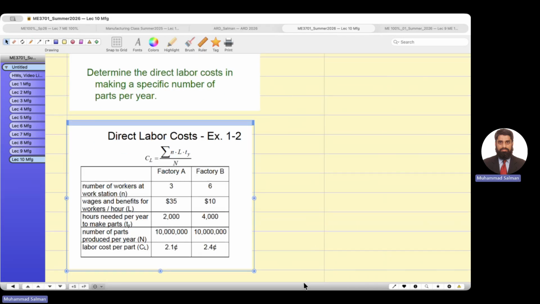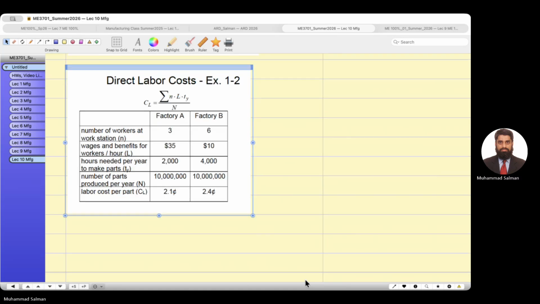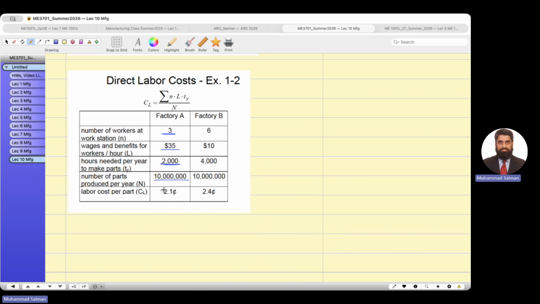So you see, same formula. Suppose per lathe machine there are 3 workers, and the labor cost is $35 per hour, and total hours used on the machine is 2000 per year, and the number of parts is 10 million. If you use this formula, you will get 2.1 cents.